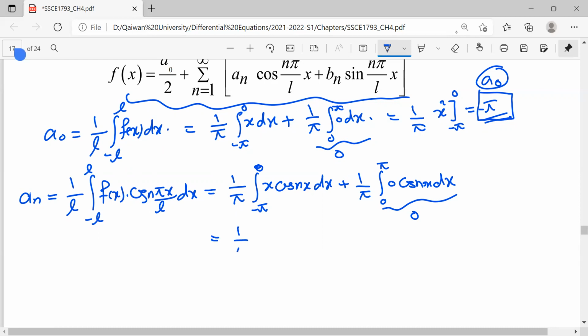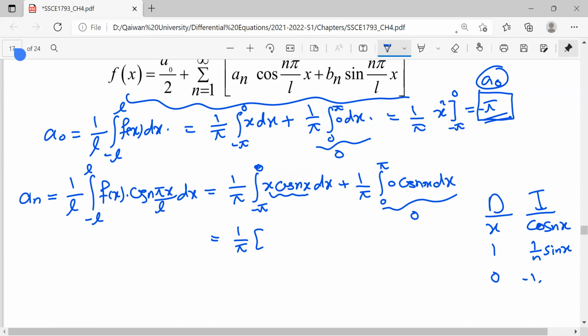This equals 1 over pi, the integration of x cosine nx. We use the short method, derivative and integration. That's x and cosine nx. Derivative of x is 1. Another derivative, we get 0. Integration of cosine is sine, but here we have 1 over n sine nx.